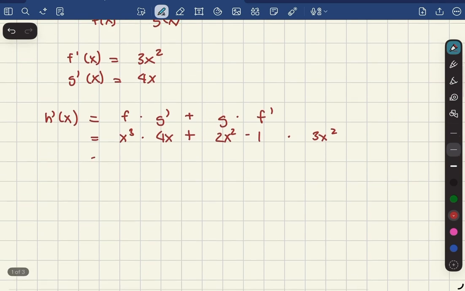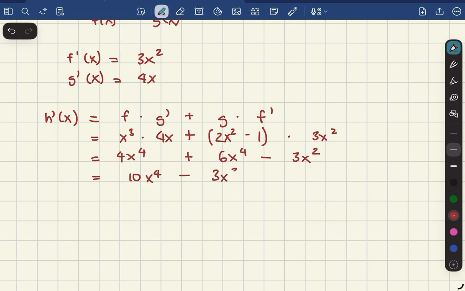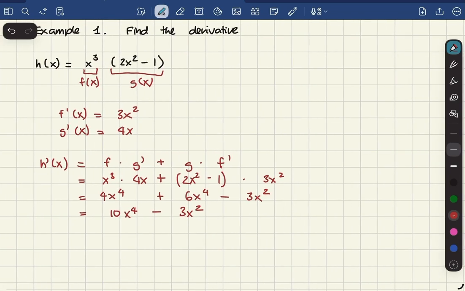Okay, so let's simplify this. x cubed times 4x is 4x to the 4th plus 6x to the 4th minus 3x squared. Okay, and this would be our final, oh wait, I can simplify one more, so it's 10x to the 4th minus 3x squared, and this would be our final answer.